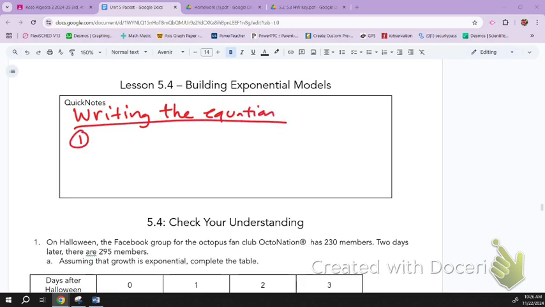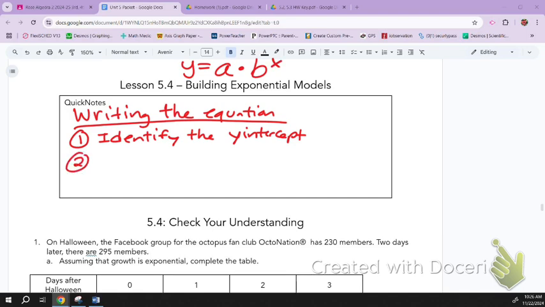Always start by identifying the y-intercept, which again is our A value in the equation. The second step, you might have to calculate or find the B value.